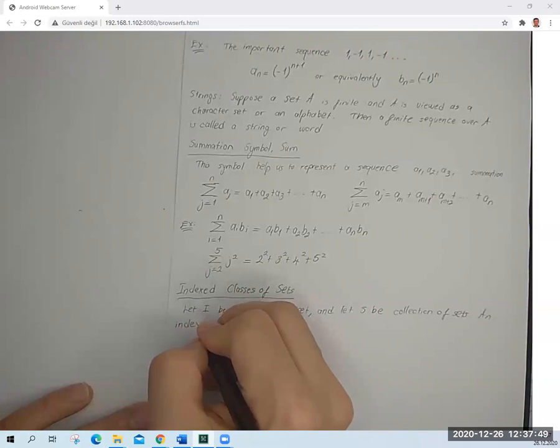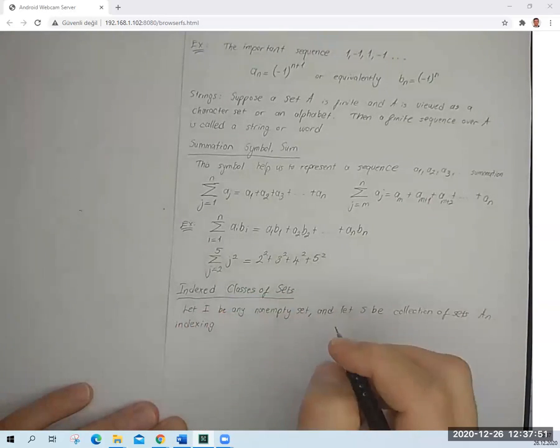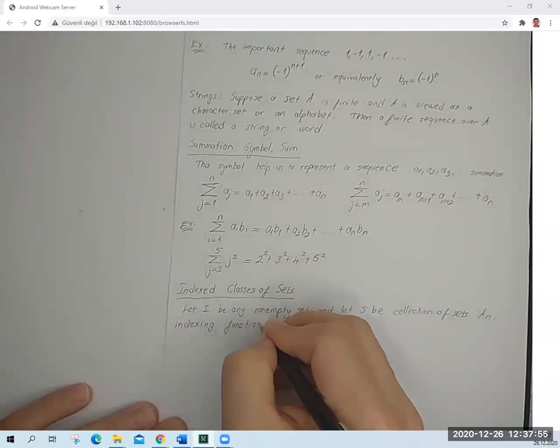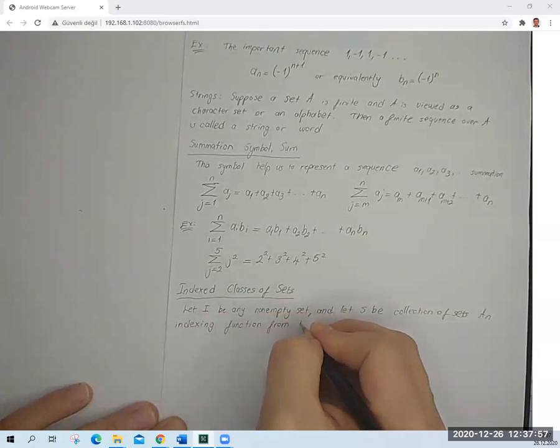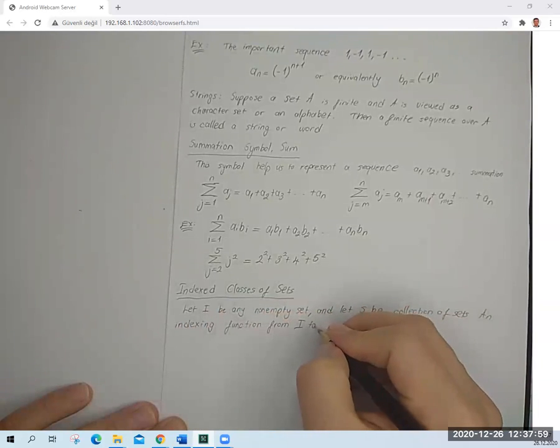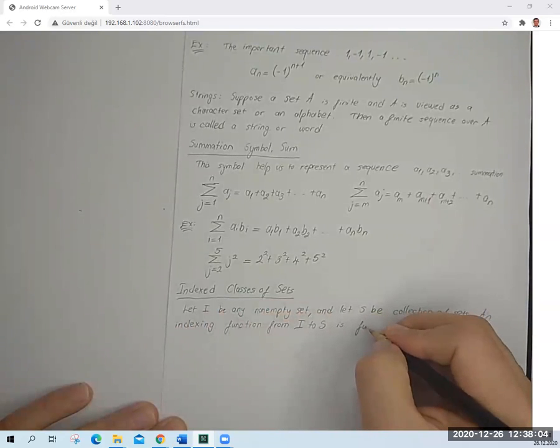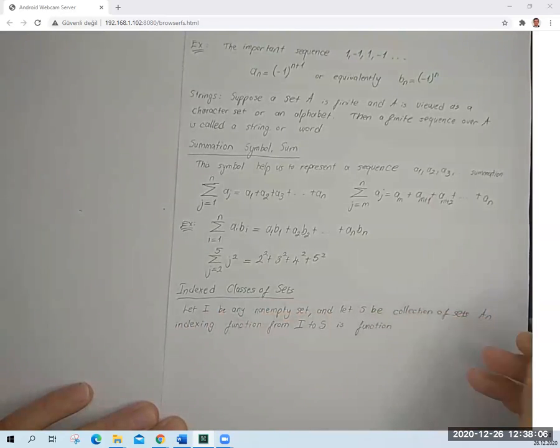Yeah, there is the indexing function from I to S, which is of course a function f from I to S.